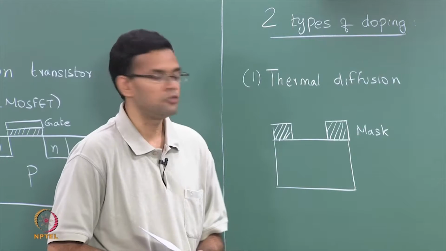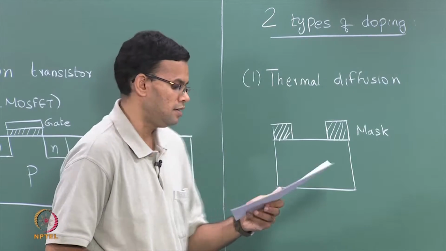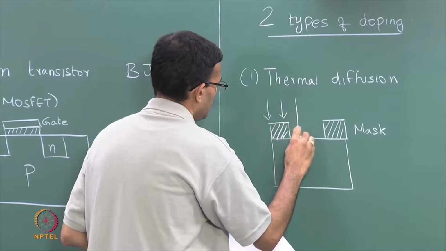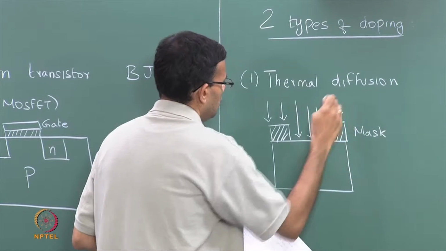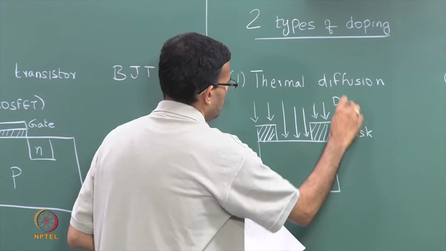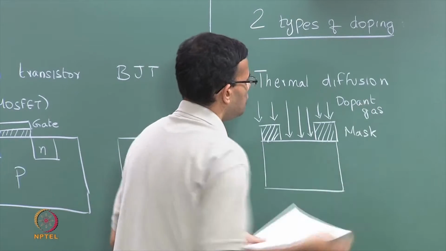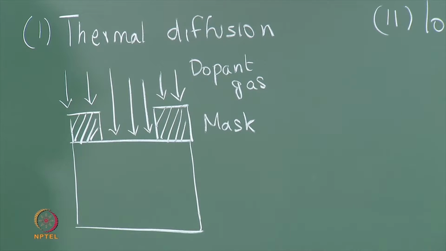So the mask you use is typically an oxide layer, or it could even be a nitride layer. So dopants are introduced. In this particular case, your dopant could be a gas, so that there is some concentration of dopants at the surface.